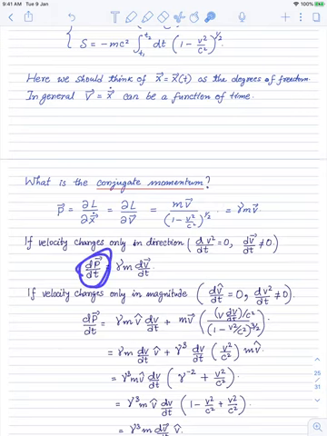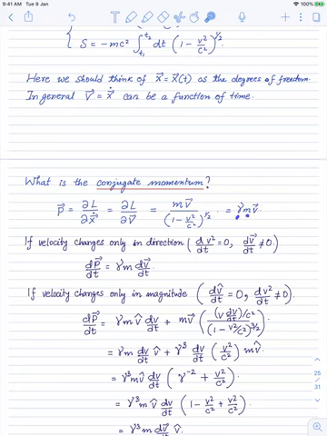Now, if you try to find dp/dt, which as you know is a very important quantity in Newtonian dynamics, then dp/dt is not very simple, because the time derivative hits the velocity and also the velocity in the gamma.